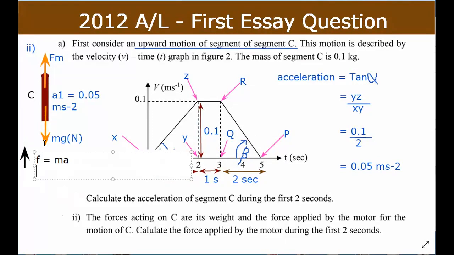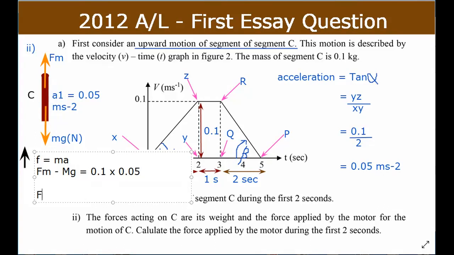The upward force is Fm, the downward force is mg. Therefore, the total upward force is Fm minus mg. The mass of the object is 0.1 kilogram, and the acceleration is 0.05. So Fm minus 0.1, and simply g is 10.